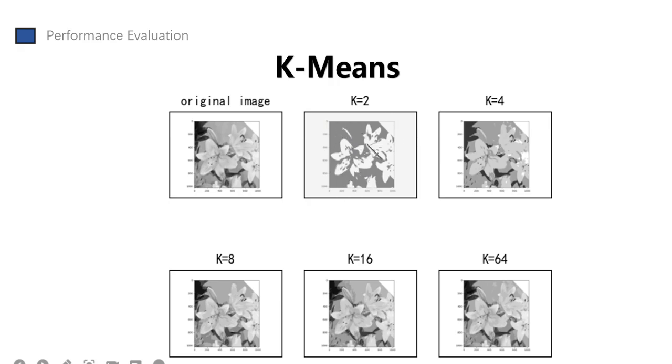In this project, I set k as 2, 4, 8, 16, 64. That means we have 2 clusters, 4 clusters, 8 clusters, 16 clusters, and 64 clusters.